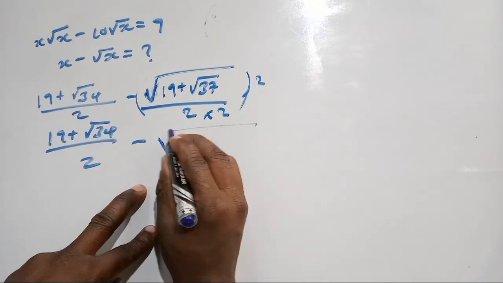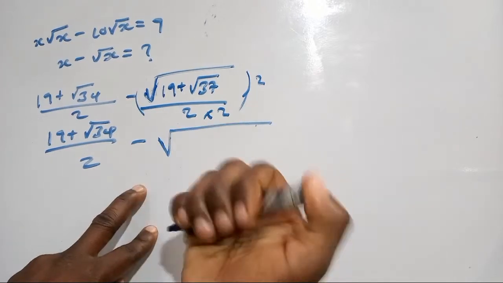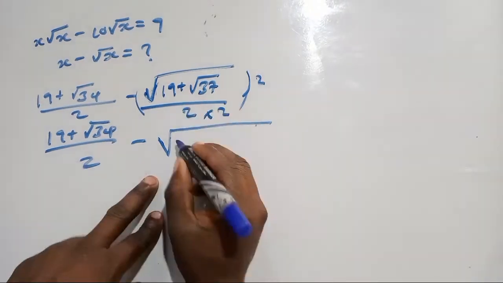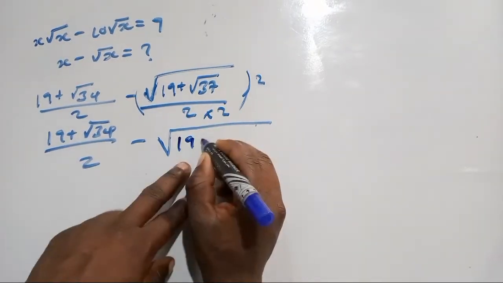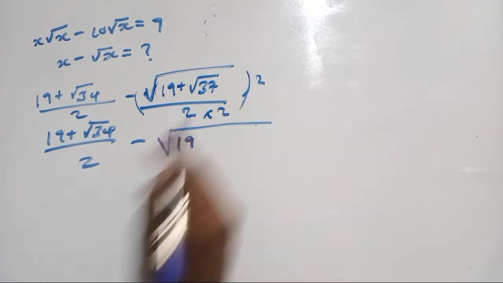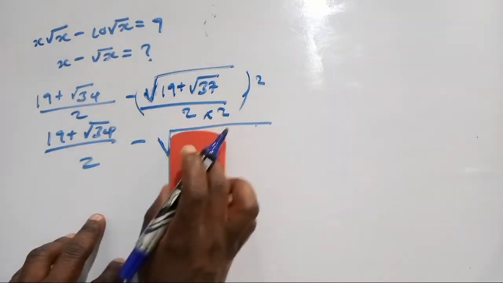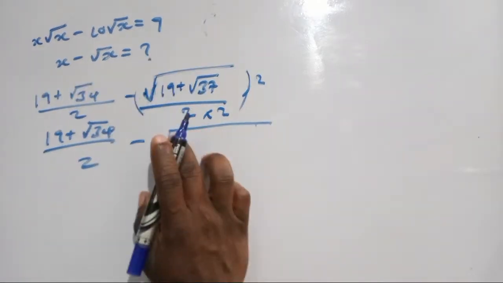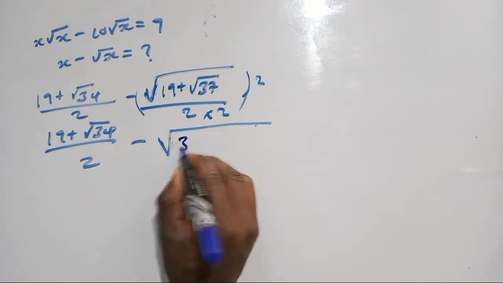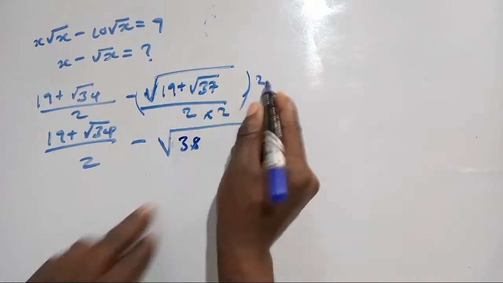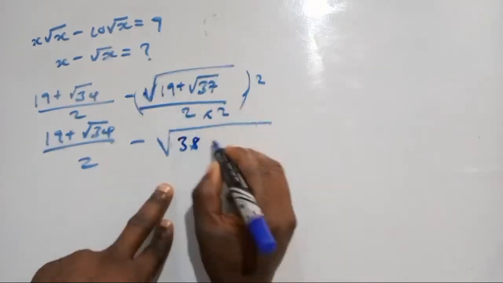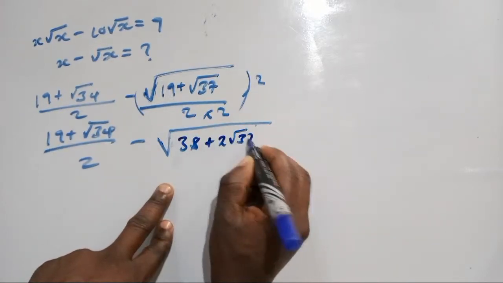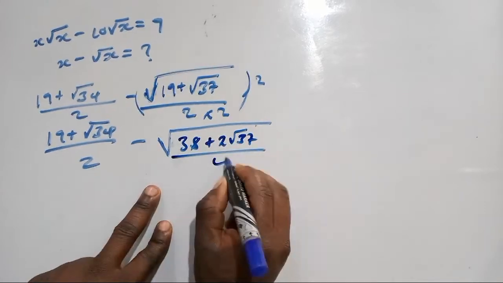19, then 19 times 2 is 38. You multiply by 2 on top and down, which is 38, right? Then 2 times root 37, you're going to have plus 2 root 37 over 4, right?